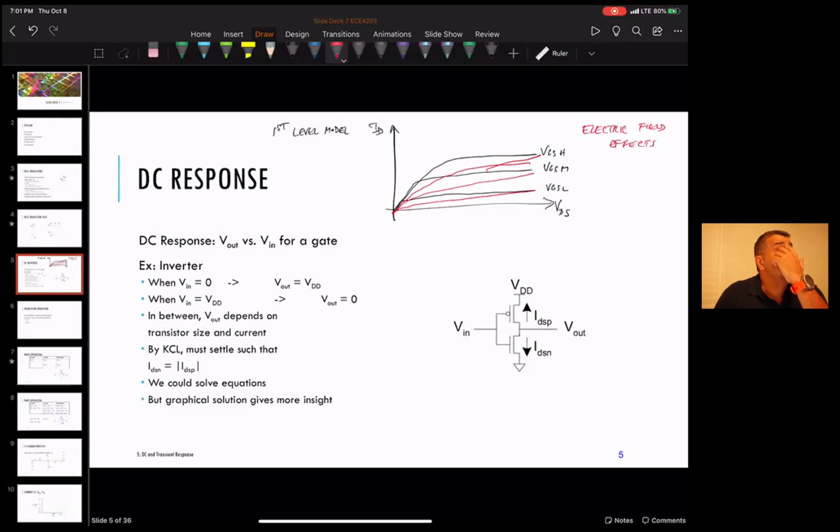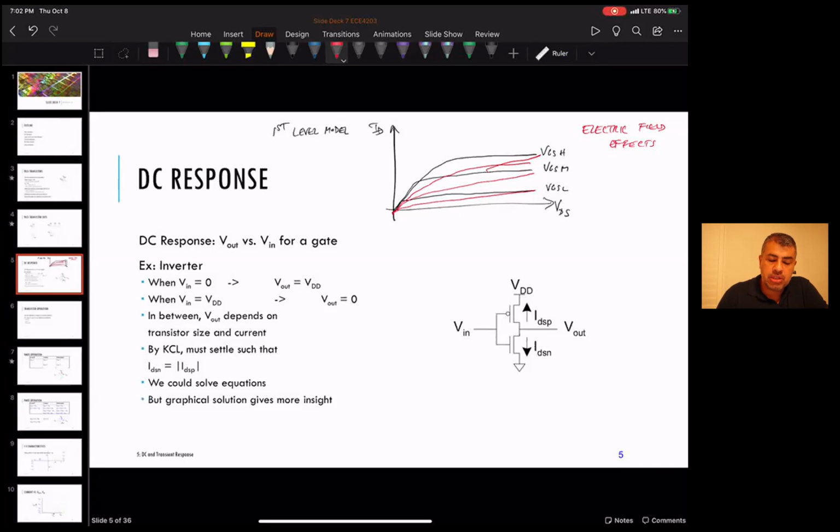And the effective channel length modulation and things like that. But the upshot is we have this V drain source versus ID type of models, and now we want to use that to figure out how a CMOS gate works.